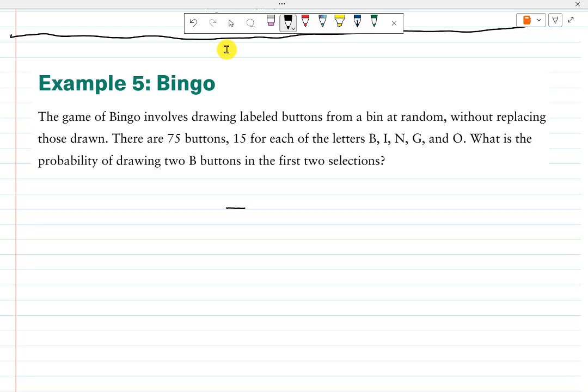So let's take a look here. We want the first selection to be B. Well, we know there's 15 of those out of a total of 75. And then we also want the second one to be B. And on that one, since the first one was a B, there's only 14 of them left. And similarly, since you did take a button away for the first one, there's only 74 buttons left.